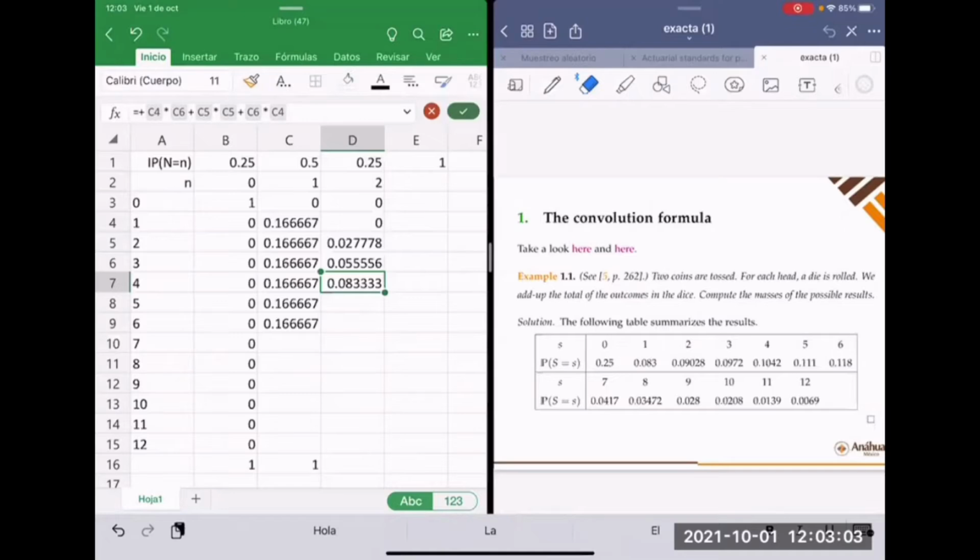So what I'm trying to tell you here is that if I have the mass functions of the first die and of the second die here, right, then I have to do something like this. I go upside down in one of the distributions, and I go upwards in the other one.